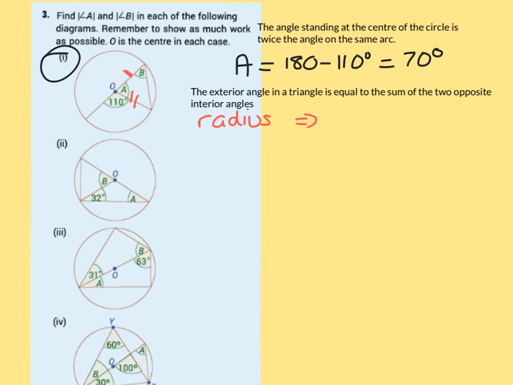A triangle that has two sides that are the same length. Yes, isosceles, good woman. So, isosceles. What does that mean? That means that these two angles here, B and A and that little blue one, the blue angles are equal.